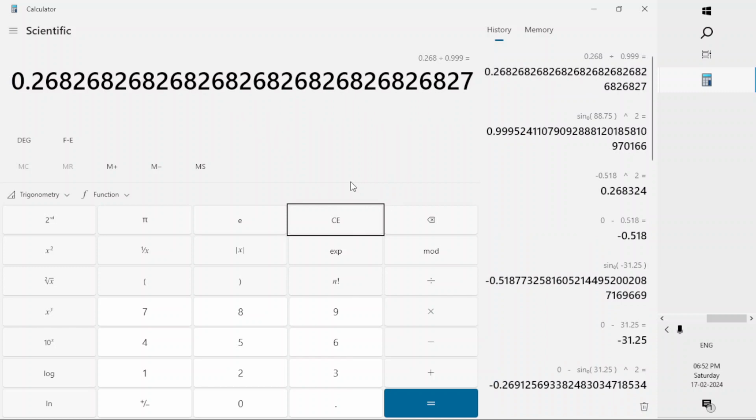Since 88.75 is close to 90, sine of 90 will be approximately 1. So your value of rho 1 will be approximately 0.2628.